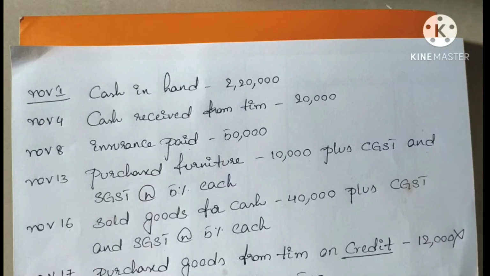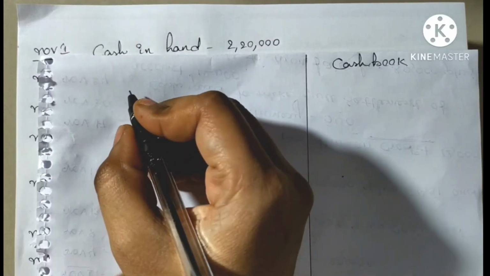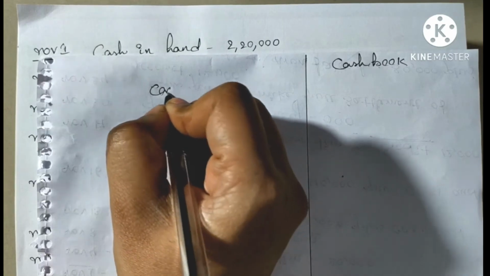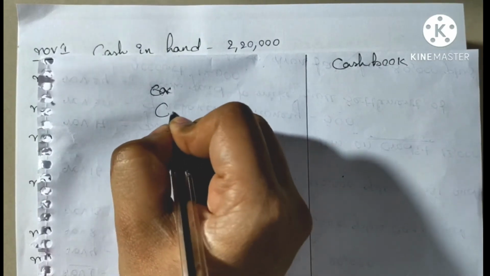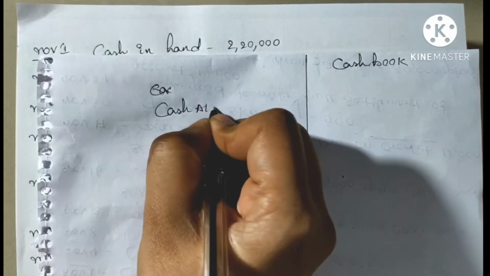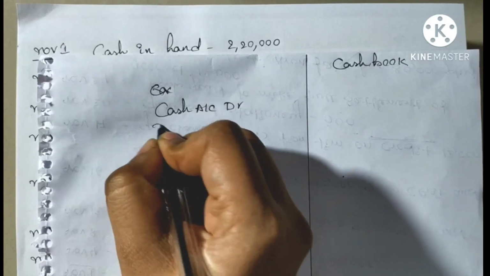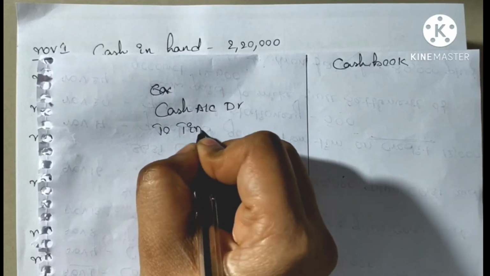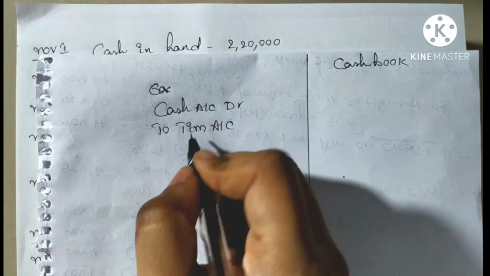So the journal entry would be cash account debtor to Tim account. Here, Tim is credited.